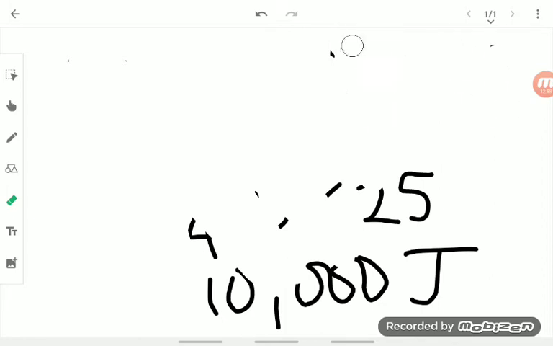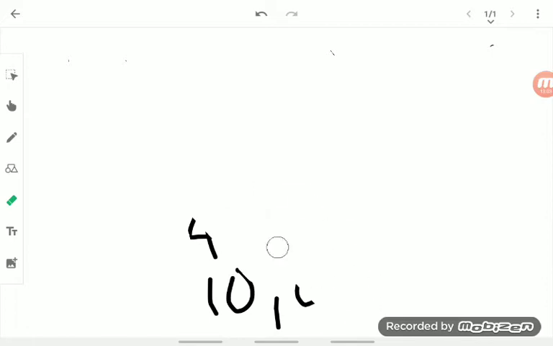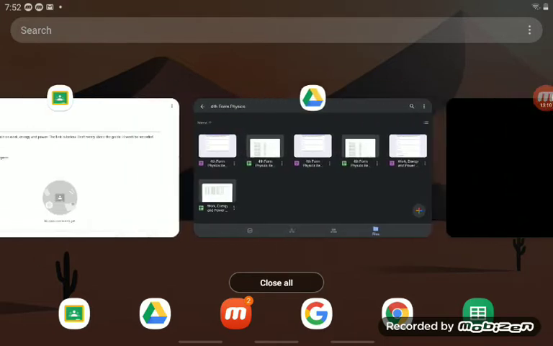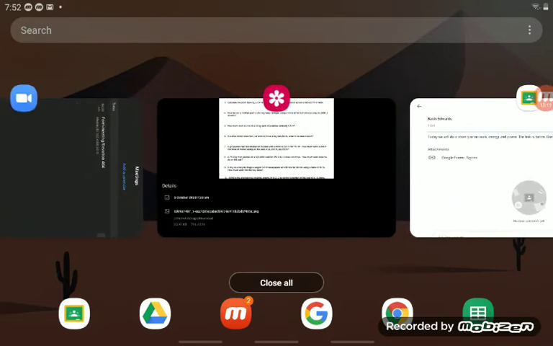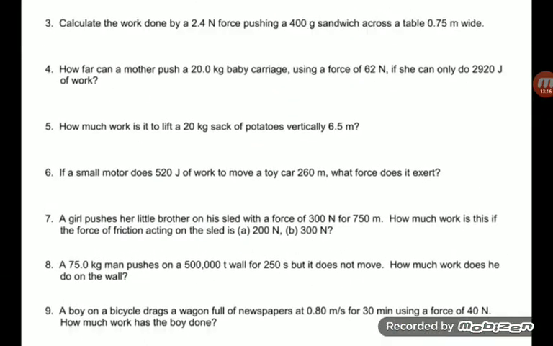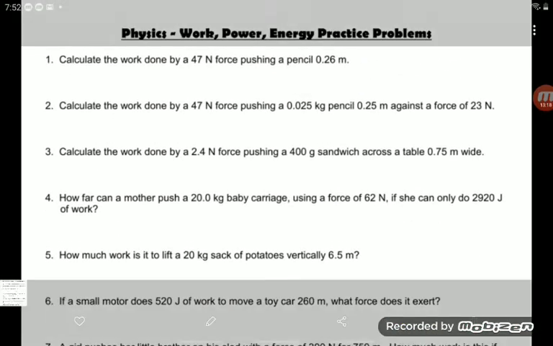Yeah. All right, so now I have some example questions that we need to work through. Let me see if I can find them. Okay, here we go. So the first one here says calculate the work done by a 47 Newton force pushing a pencil 0.26 meters.